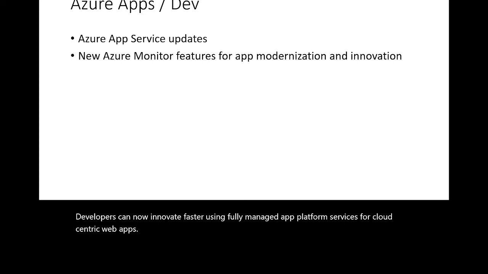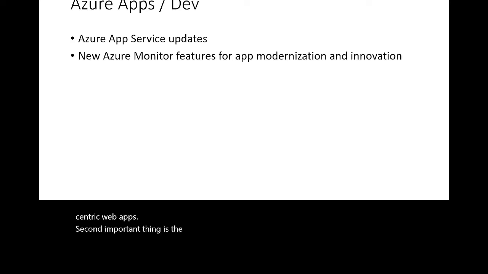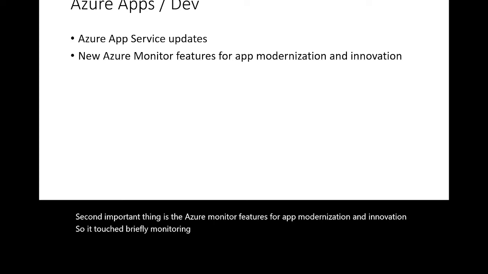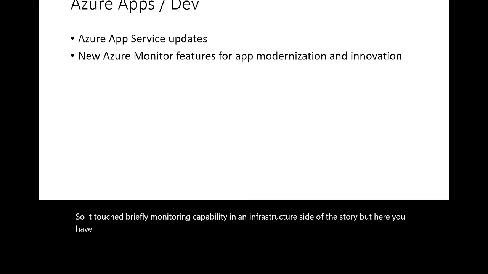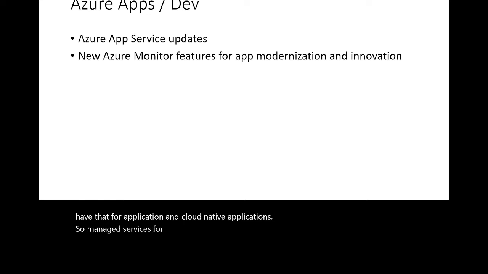Now, the second important thing is the Azure Monitor features for app modernization and innovation. We touched briefly on monitoring capability on the infrastructure side of the story, but here you have that for application and cloud native applications. Managed service for Prometheus is now a new managed service, by the way.